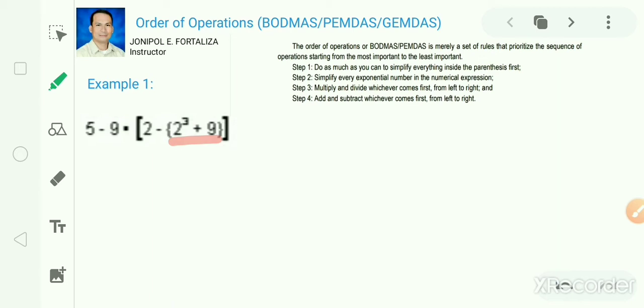But we have to consider this one, the 2 cubed.